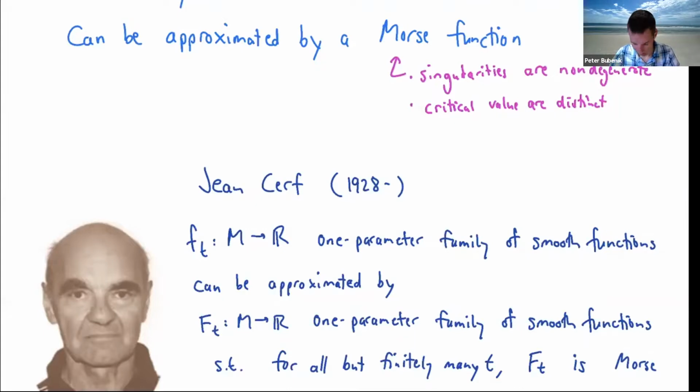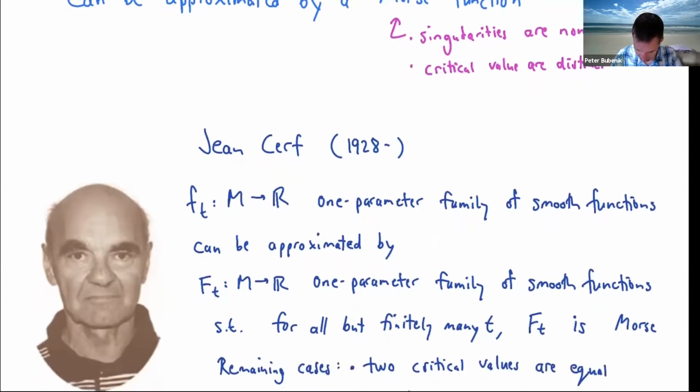This is a result of Cerf's, that we can find a one-parameter family of functions that's Morse almost everywhere. It's Morse at all but finitely many points along that curve. And we can say exactly what goes wrong at the remaining finitely many cases.